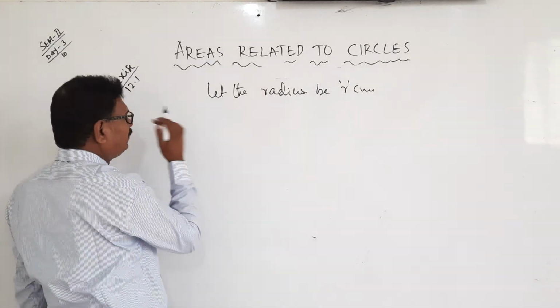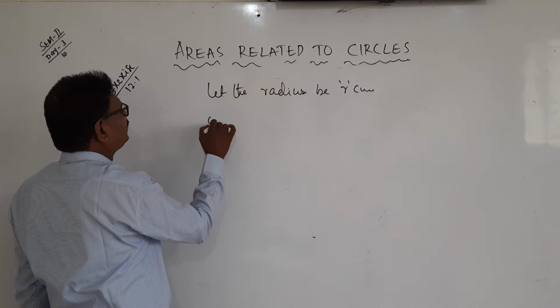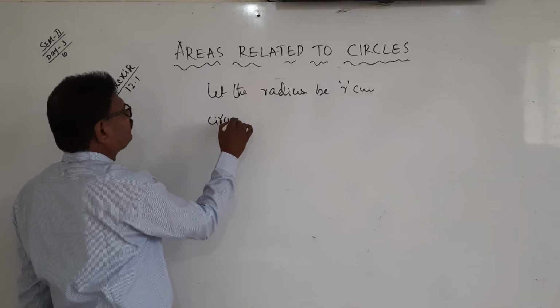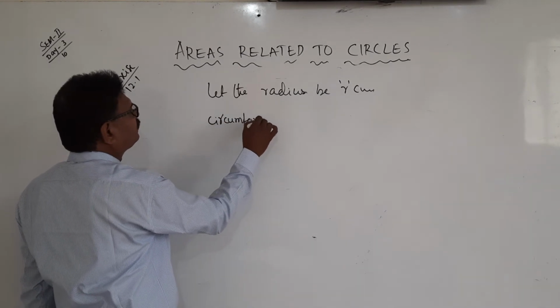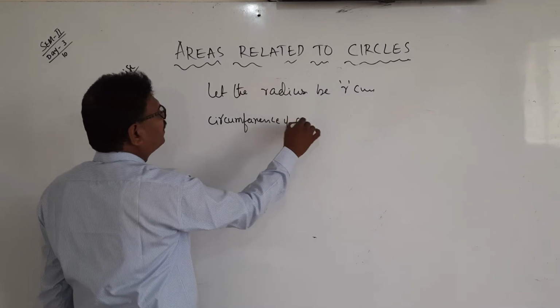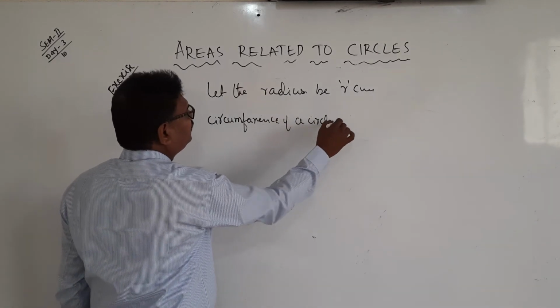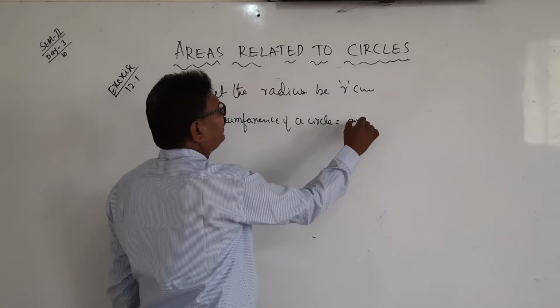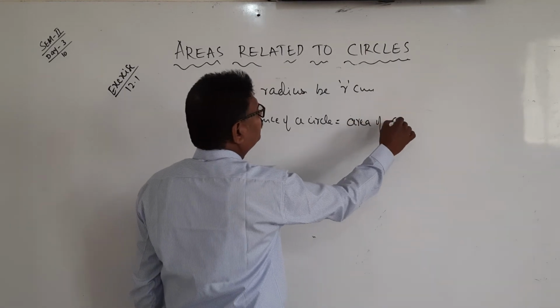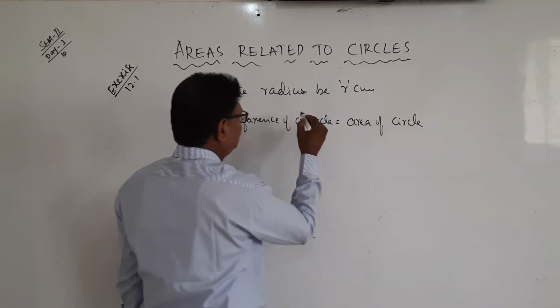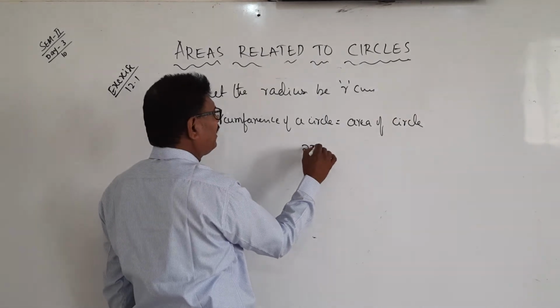Now we have given circumference of a circle is equal to area of circle. Circumference means what? 2 pi r.